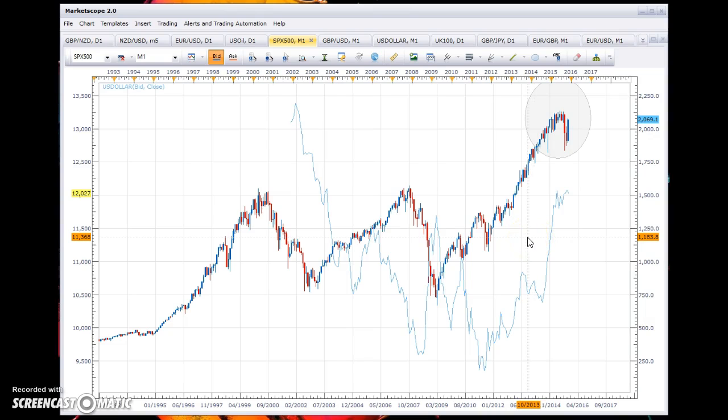But now the point is that at some point the Federal Reserve is going to raise its interest rate, or at least we're told that that is the case.